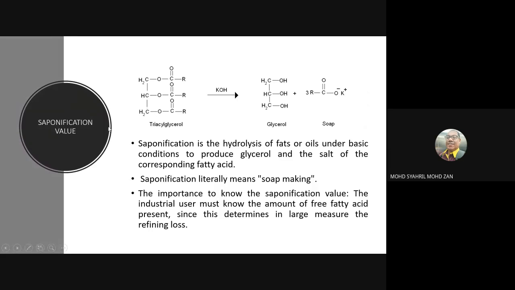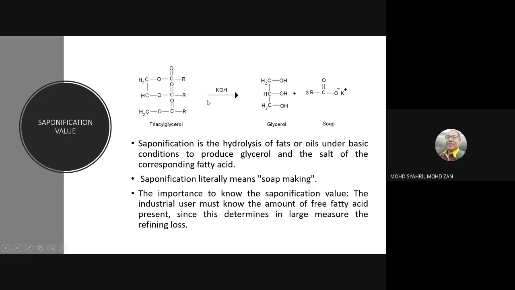Okay. All right, so this is our lipid or fat. So the fat will contain one part, which is what we call glycerol. COC is our ester bond. This is our fatty acids.